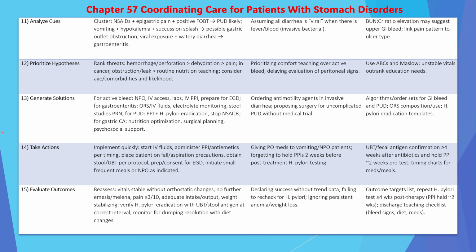To evaluate outcomes, reassess: vitals stable without orthostatic changes, no further emesis or melena, pain less than 3 on a scale of 0 to 10, adequate intake and output, weight stabilizing, verify H. pylori eradication with stool antigen at the correct interval, monitor for dumping resolution with diet changes.